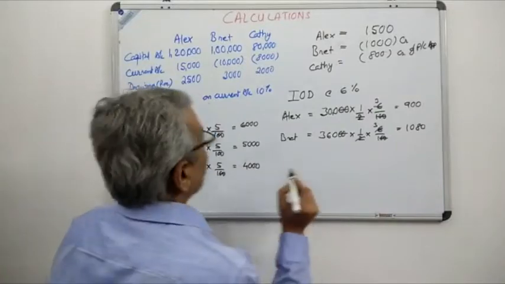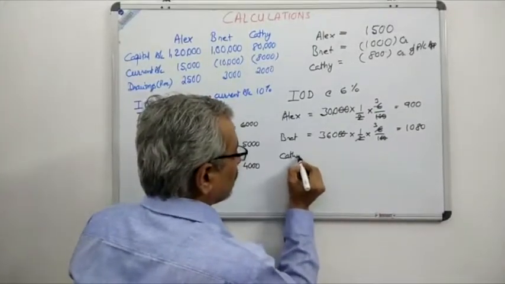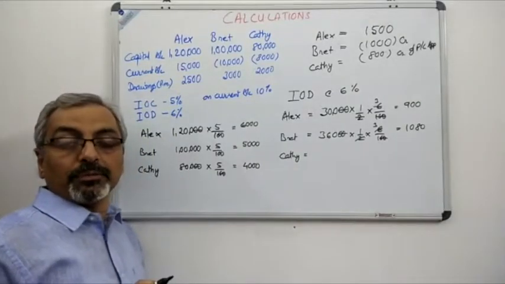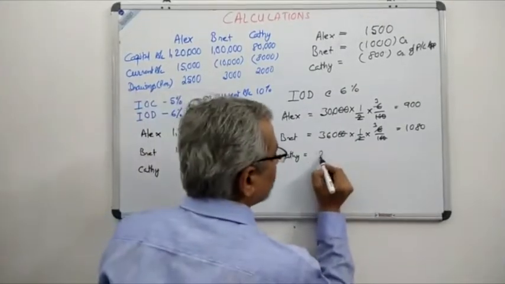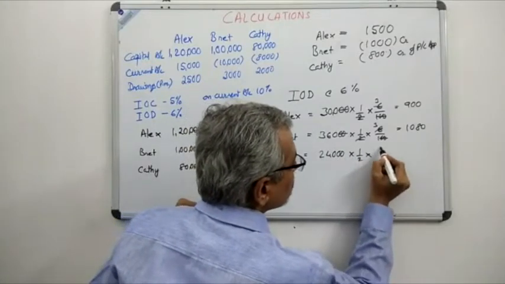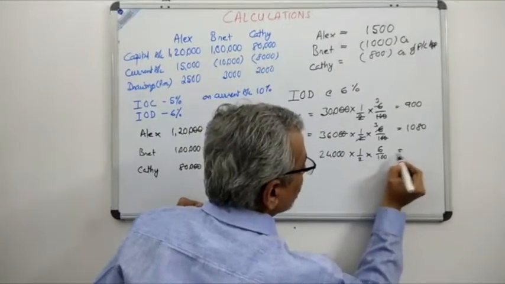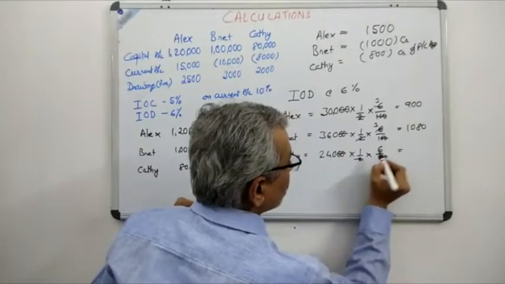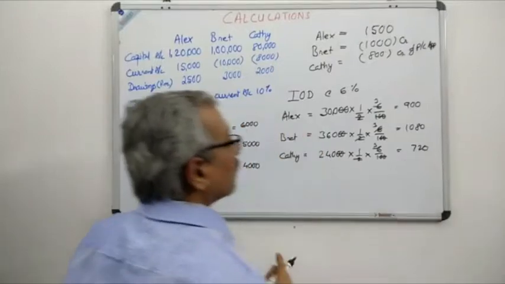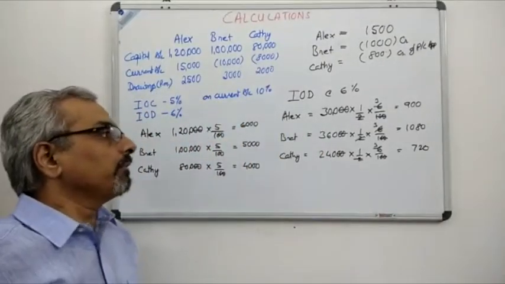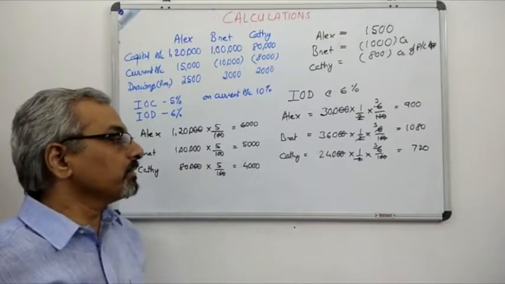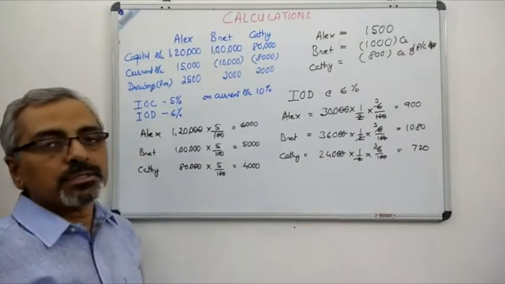And the next one we have Kathy. Kathy has actually withdrawn 2,000 per month. That means 24,000 during the year. Half year, because the time is not mentioned. We'll calculate the interest over here. See very carefully. 3 into 240 gives us 720. So over here we have the interest on drawing of the three partners: Alex 900, Brett 1080 and Kathy 720.